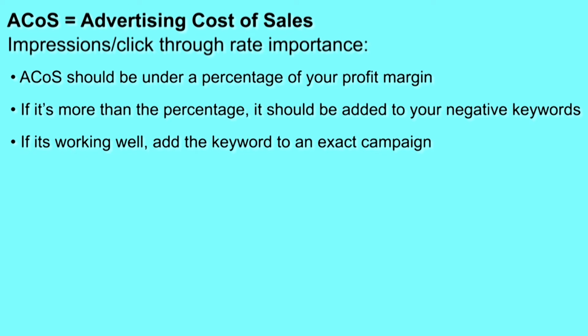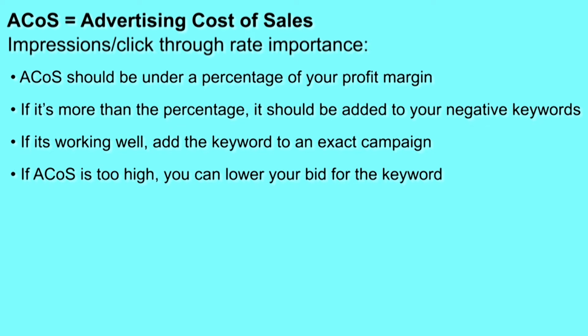It should be in an ideal scenario under 20% if you can keep it that way, but usually 20 to 35% range isn't horrible if you are getting a lot of results. And then if an ACoS is too high, you can always lower your bid. So you're going to be bidding on each keyword, and Amazon sets up a default bid number, and usually you can go off of that number, but I'd recommend going a little higher since you are going to be bidding against other people to have your product be shown on different pages.